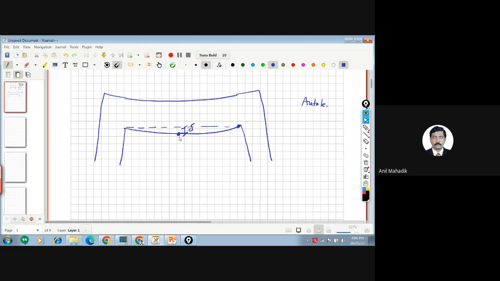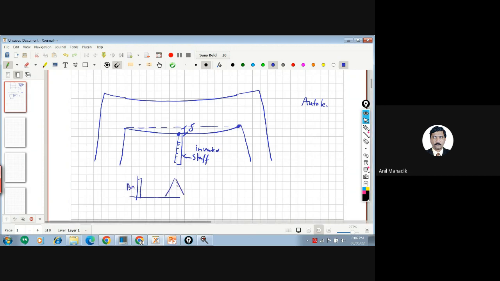What instrument can you use? Do you know that we can use the inverted staff? This is a staff. If you want to check the level at the ceiling, then you can use an inverted staff. You'll put the staff over here first. You set one benchmark here, let's say, and after that you will use the auto level.